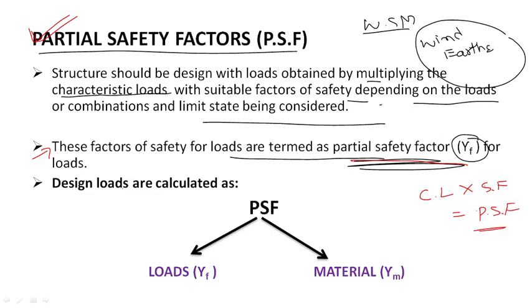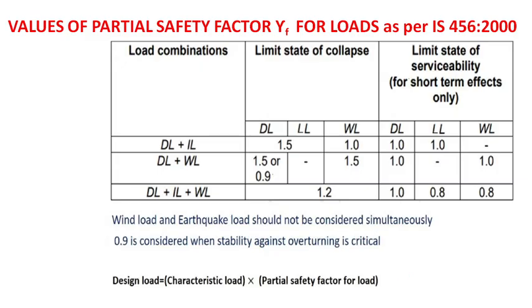Now the design load is calculated on the basis of either loads or materials, that is gamma F and gamma M. Two types of design loads are calculated, on the basis of loads or on the basis of the material. Now we will consider the values of partial safety factor gamma F for the loads as per IS 456. One minute.